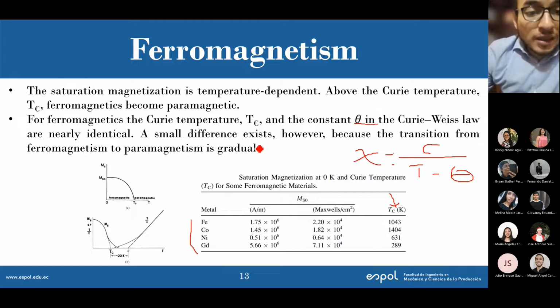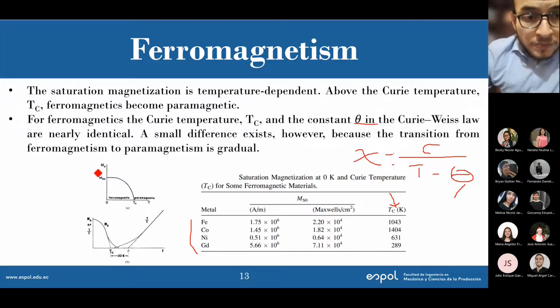They're nearly identical, right? The Curie temperature and theta are nearly identical. There will be a small difference, because of the transition from ferromagnetism to paramagnetism, but then it's basically the same.